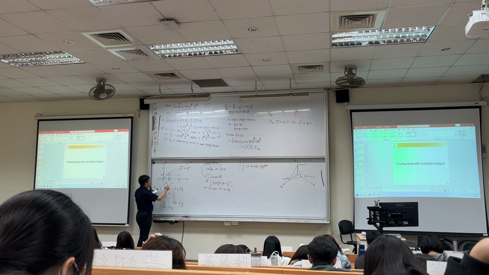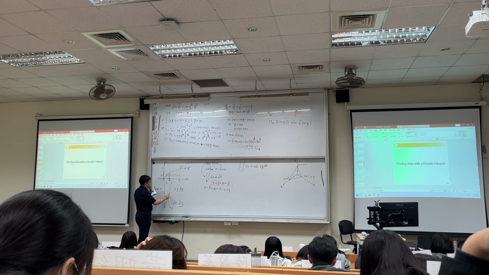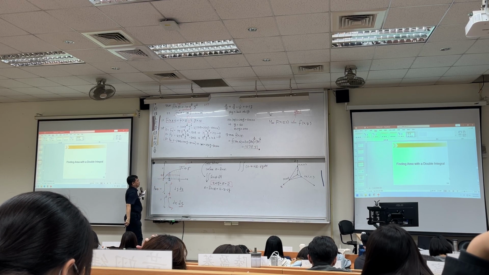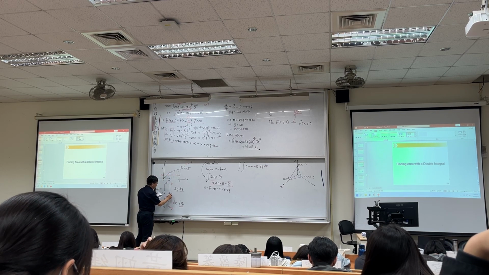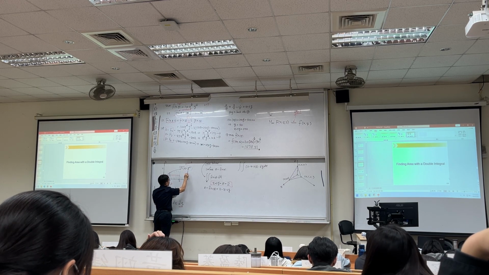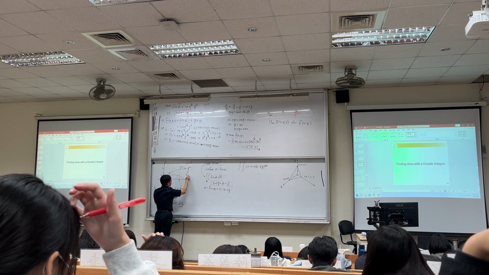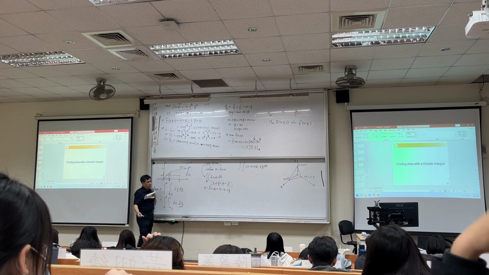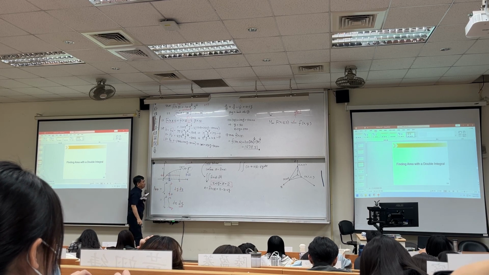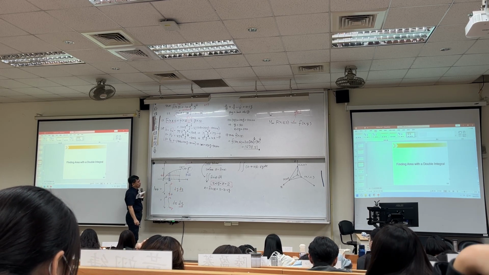So y is from 0 to here again, right? y is equal to square root of x, because that's in the first quadrant. In the first quadrant, we only take the positive one.